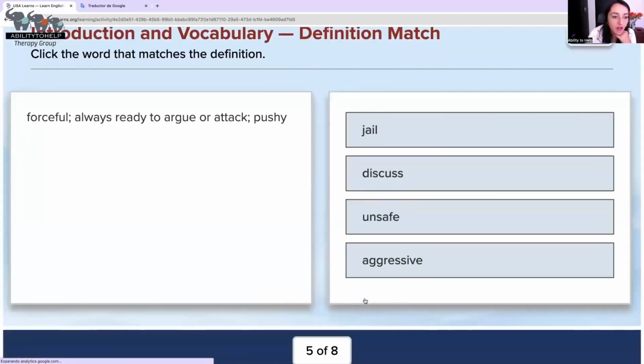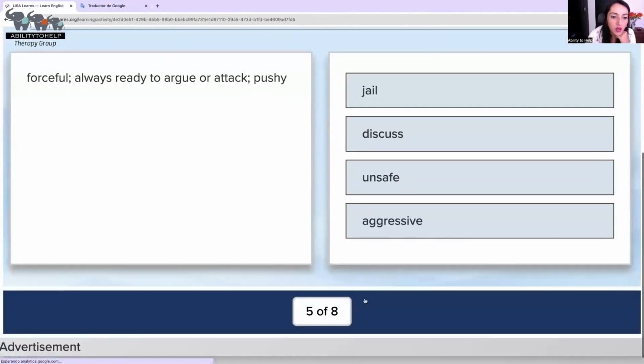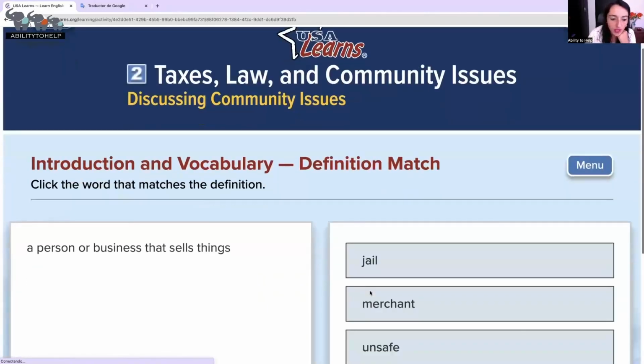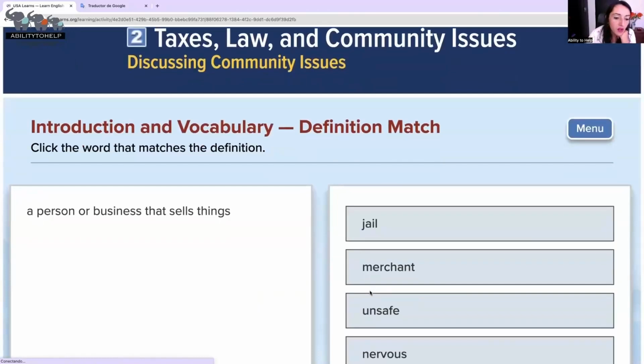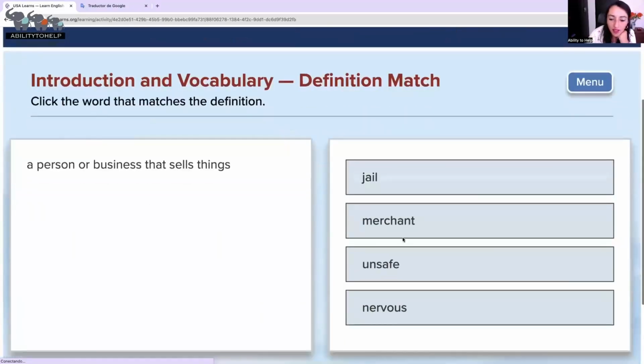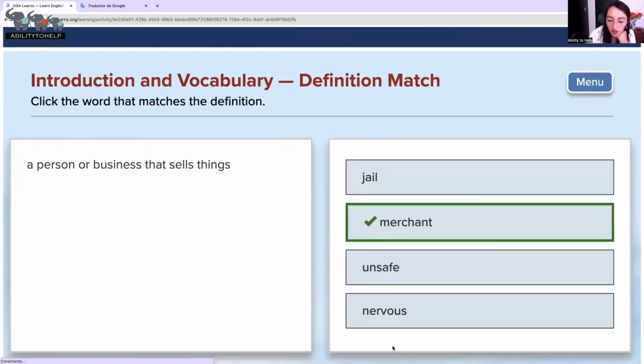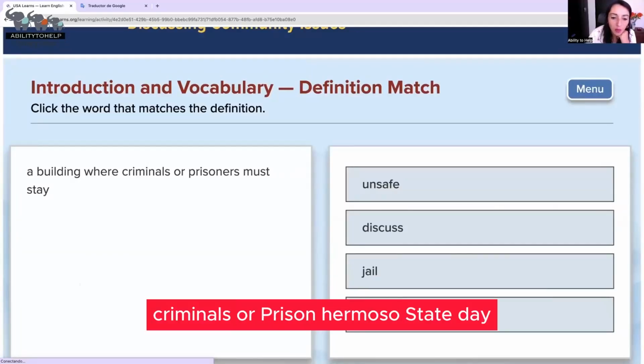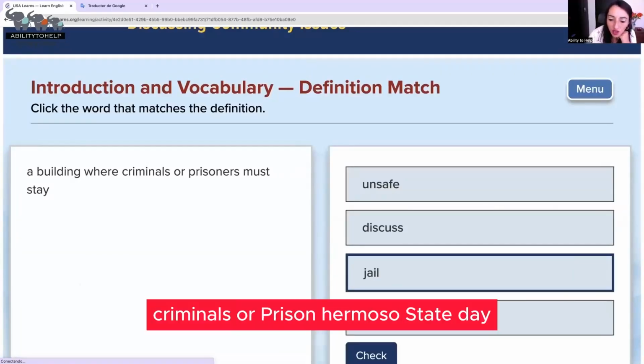Let's see. Forceful, always ready to argue. So, someone aggressive. A person or business that sells things, merchant. A building where criminals or prisoners must stay, jail.